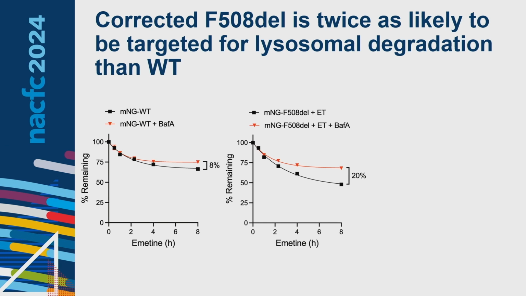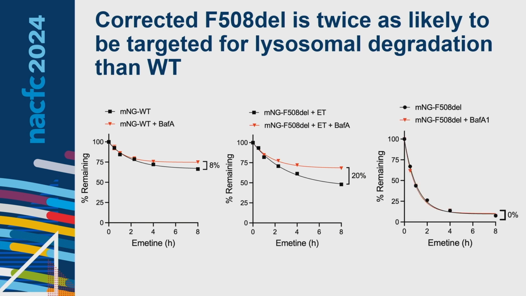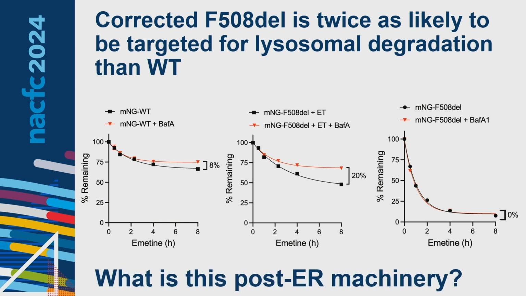In contrast, when we add in elexacaftor and tezacaftor, we see that 20% is degraded through the lysosomal system by 8 hours. And this is further interesting because F508del without any correctors is not degraded through the lysosomal system at all.